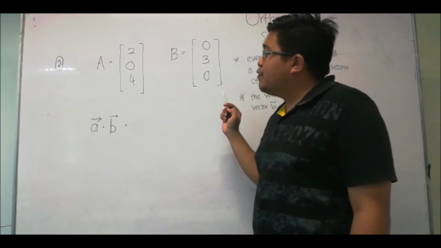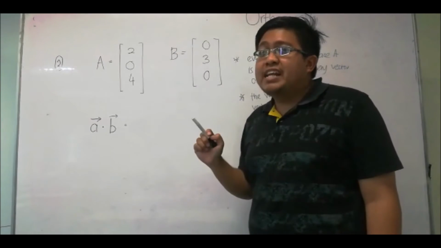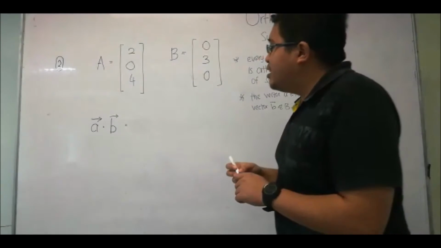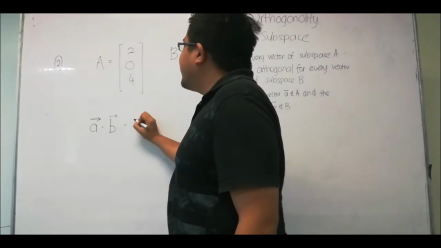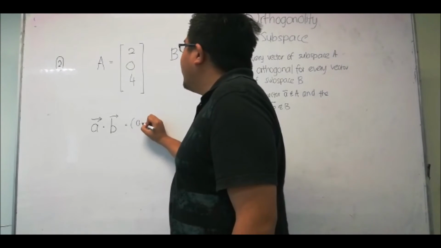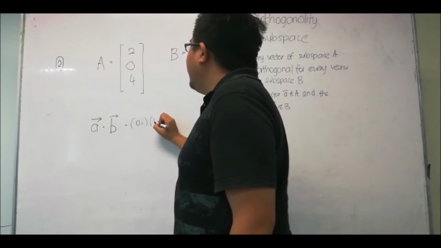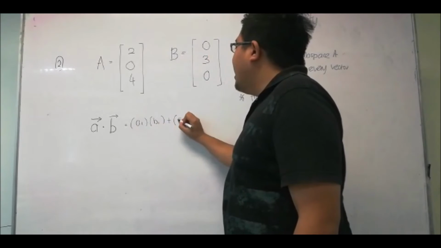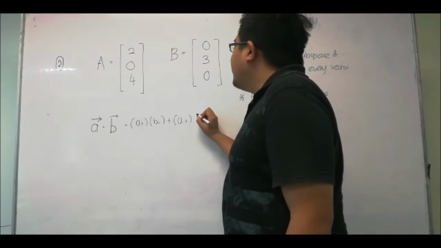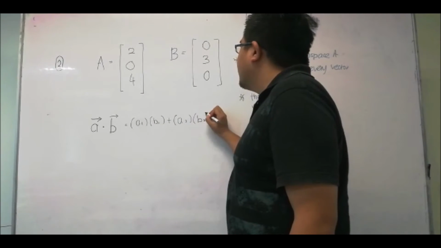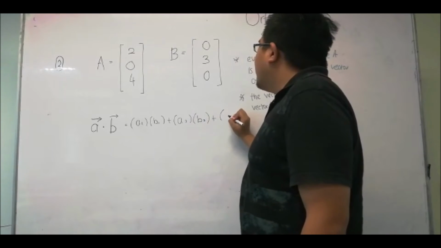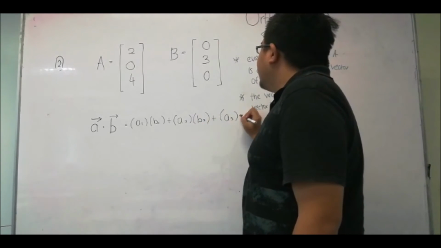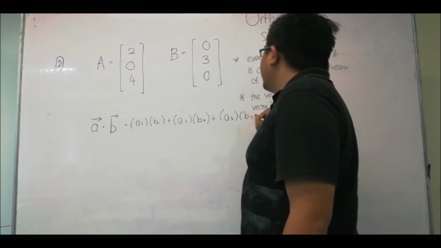So how to solve this question? By using the dot product. We must calculate A1 times B1 plus A2 times B2 plus A3 times B3.